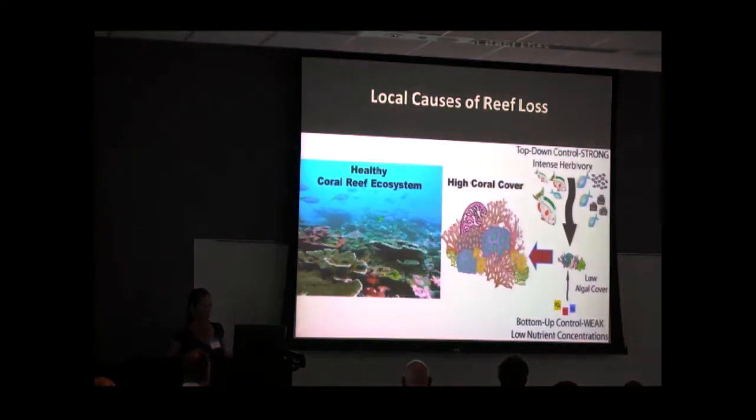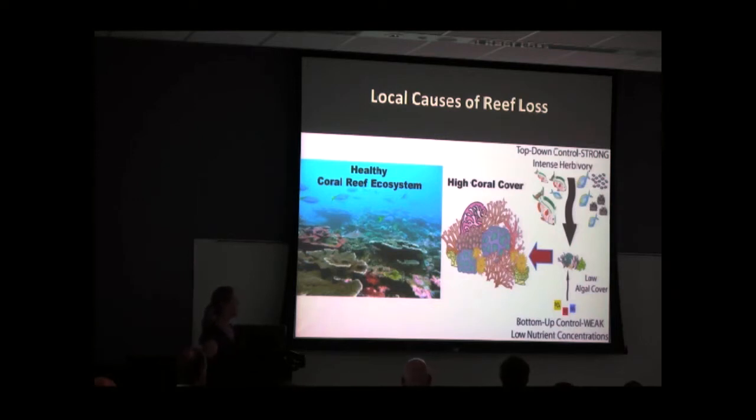So starting with number one, in addition to all of the global anthropogenic stressors that are happening around the world, things such as global warming and ocean acidification, which may cause direct losses in coral cover, many local factors, primarily things that Nancy and Pete have both talked about, that is the role of herbivores and the role of inorganic nutrients, are believed to be some of the primary drivers of reef ecosystem structure at a local scale.